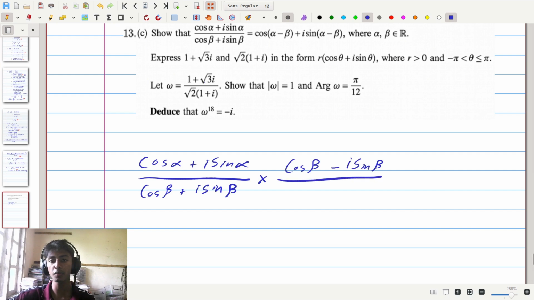So top cos beta minus i sin beta, bottom cos beta minus i sin beta.